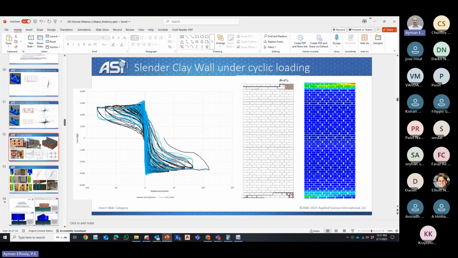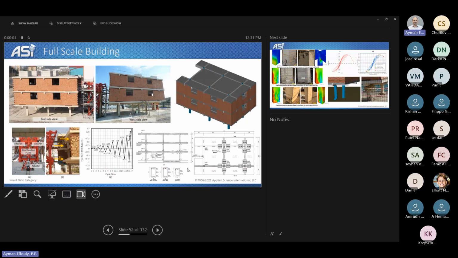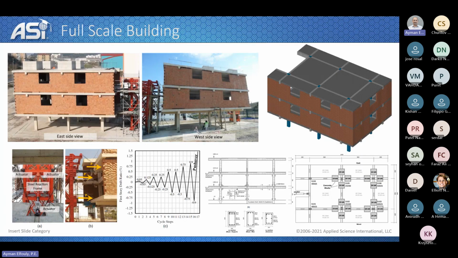I have one verification example that I'm going to show. And this one here is going to be about a full scale building under, again, cyclic loading. We see here the experiment, some views like an east view, a west view. We see here the actuator locations.